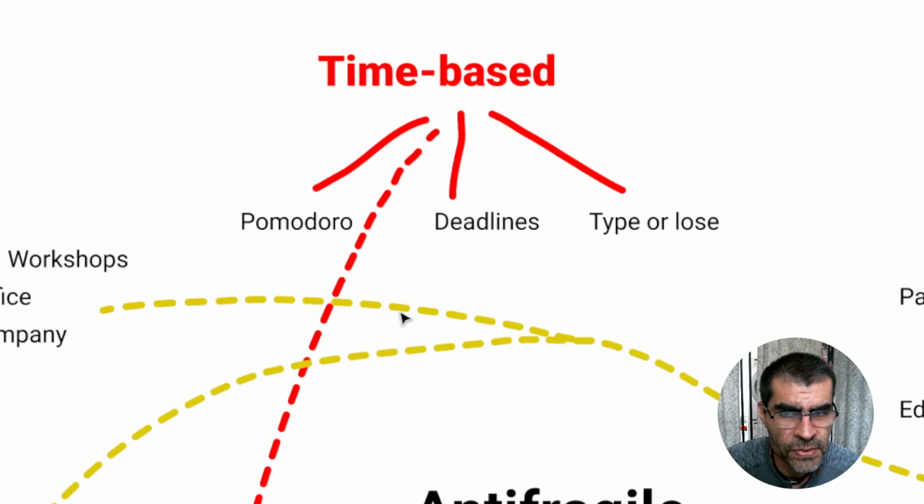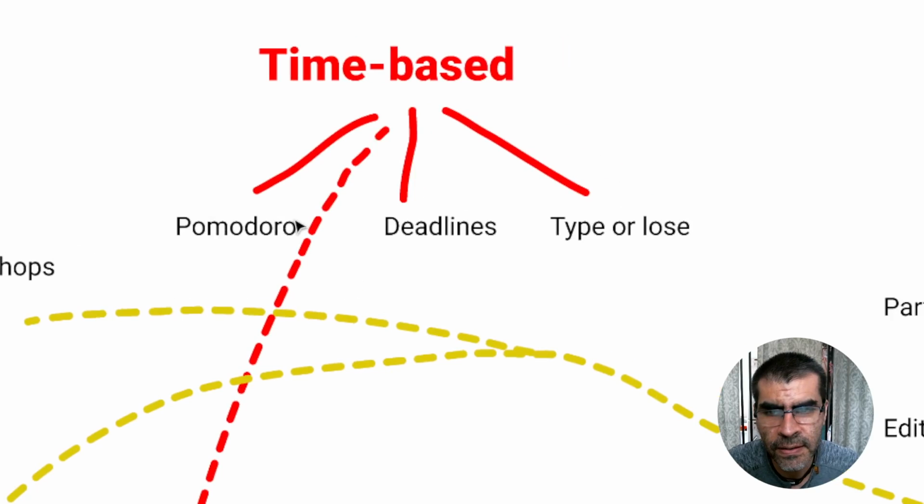time-based stressors. For example, you can use the Pomodoro technique, this little technique where you set 30 minutes, and after 20 minutes of writing, you take a little break of 10 minutes, for example. You are writing under the clock. Or the time pressure can come from deadlines. Maybe you work very well with deadlines.